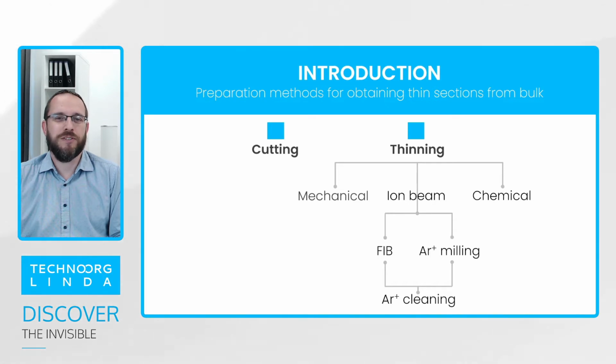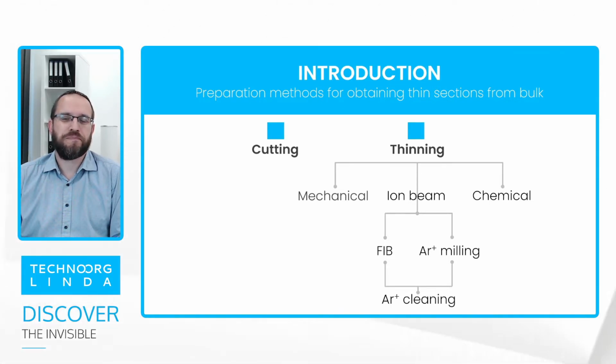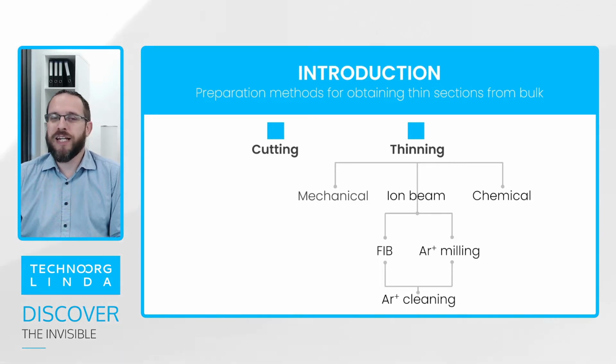But we are further talking about ion beam techniques, which can be either focused ion beam, most commonly a focused gallium ion beam, or a broad argon ion beam technique that's called argon ion milling. In both of these cases, FIB and argon ion milling, we usually end up with a damaged surface.